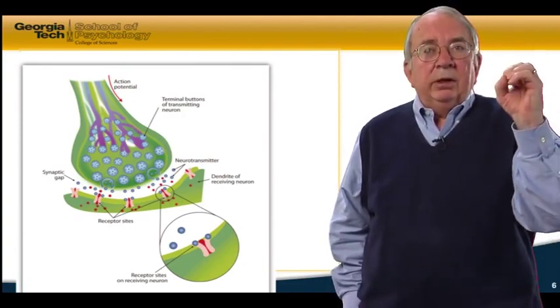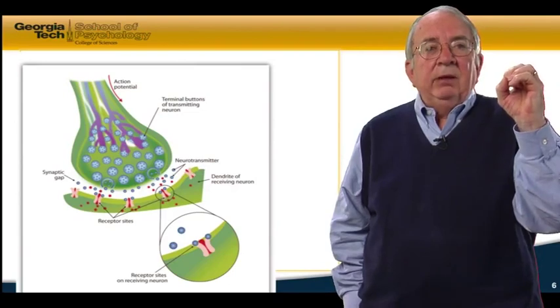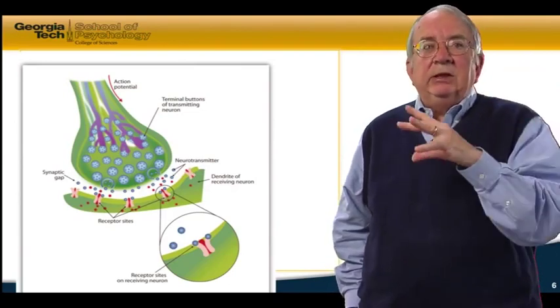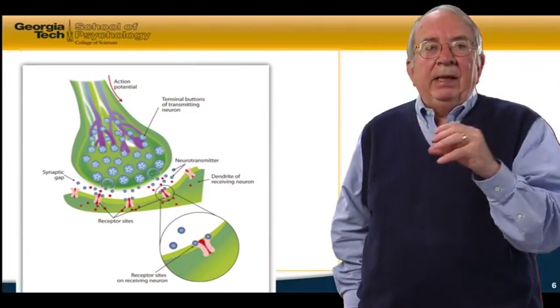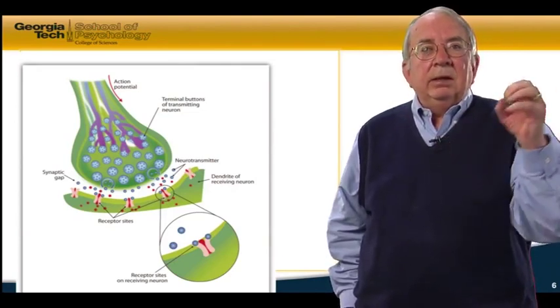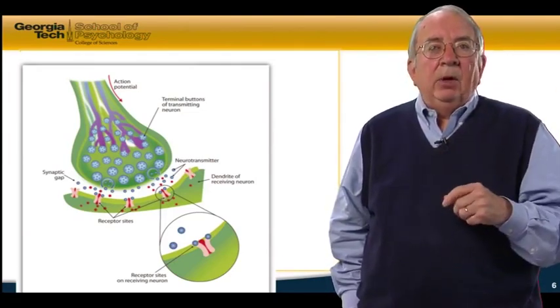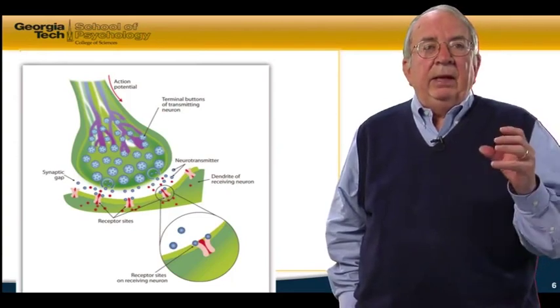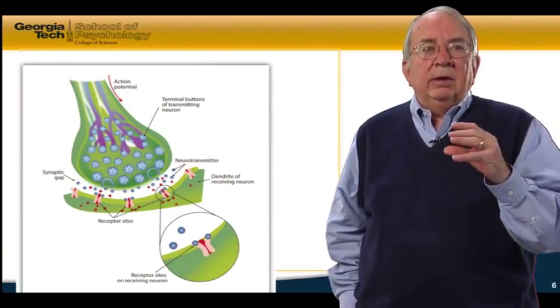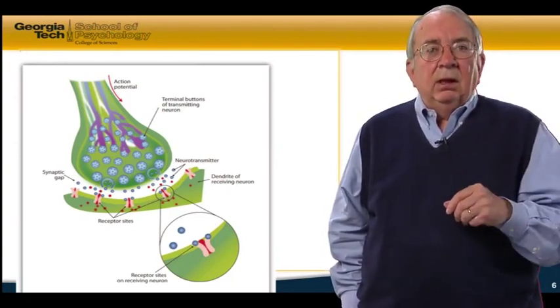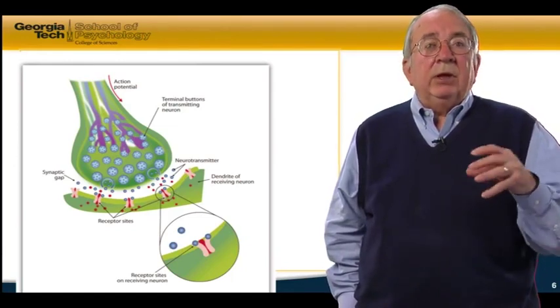They have vessels containing these transmitter substances. When the action potential reaches it, it releases them into the synaptic gap, and they stimulate the chemical stimulated reaction in the postsynaptic cell. And then there are enzymes that are released to sort of get rid of the excess transmitter substance so it can fire again.